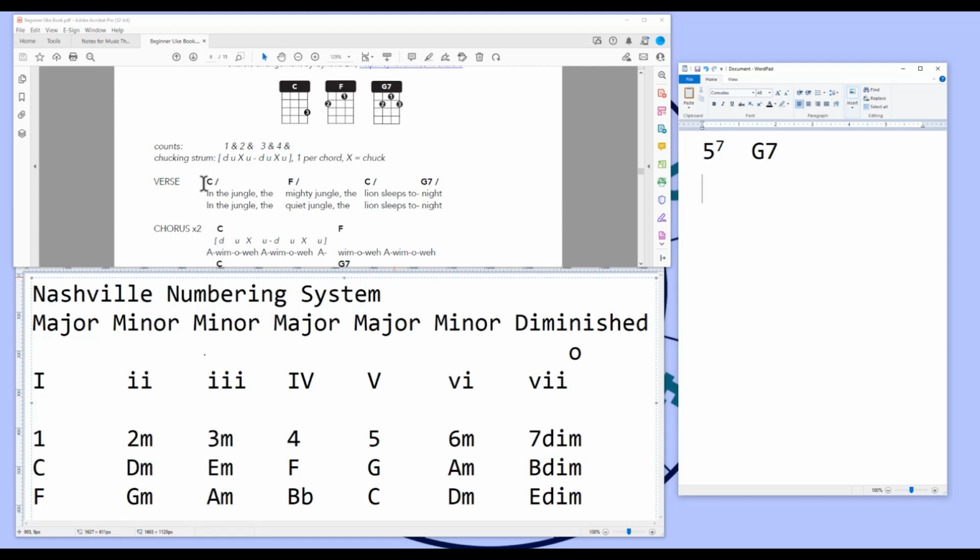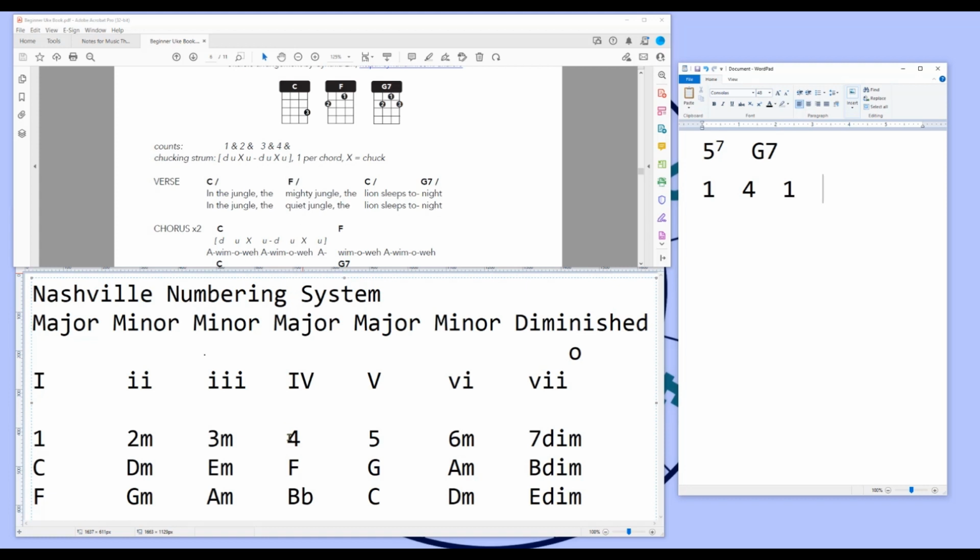We're in the key of C for Lion Sleeps Tonight. So the first C, as you know, is a 1 chord. Okay. The F, let's go down to our example. The F is a 4 chord. Okay, then we go back to C. It's a 1 again.